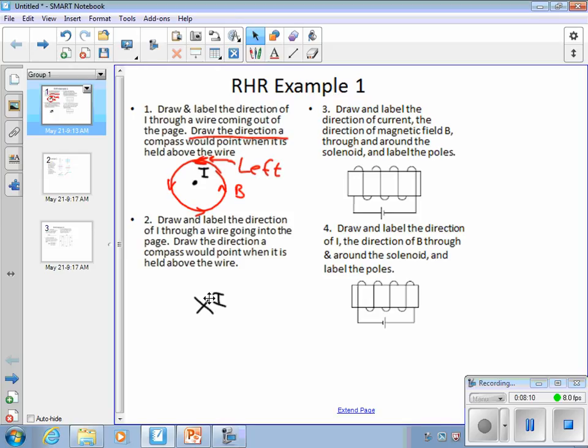Make sure that you're being careful on your whole directional thing, okay? There's 6 directions you can give. Left and right, hopefully that's pretty straightforward. Up and down, be careful, that's up the page and down the page, and then there's into the page and out of the page, okay?